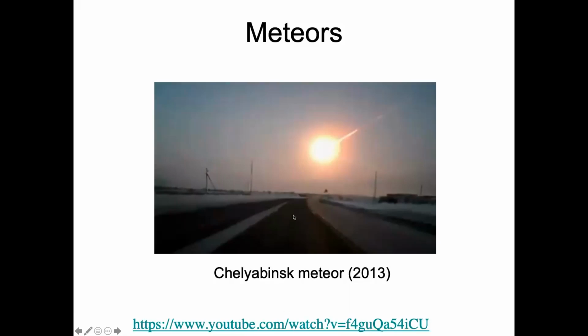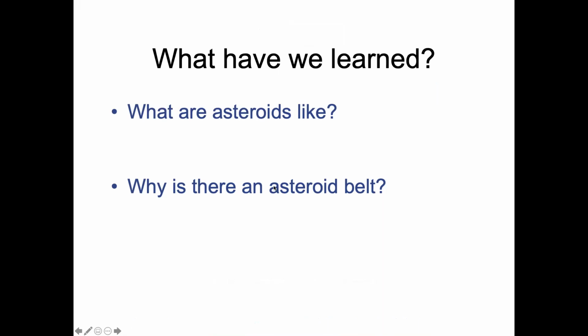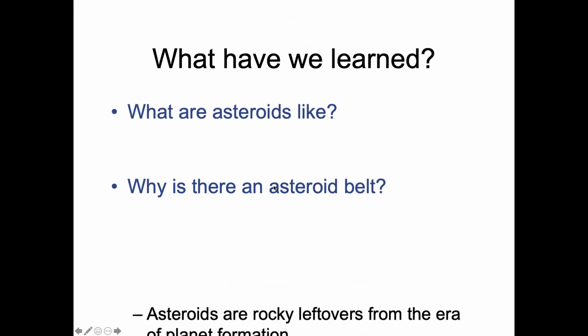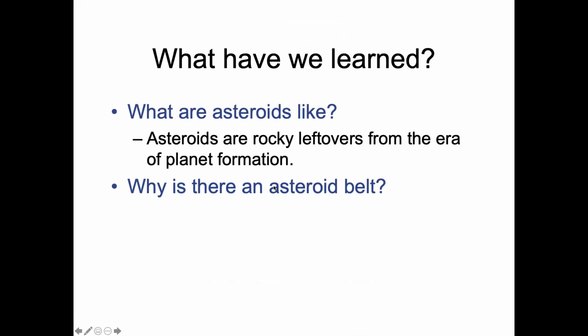All right, so let's take 2 slides to summarize some of the things that we just talked about. So asteroids are these rocky leftovers from the era of planet formation, right? Things that never quite accreted into anything larger. Why is there an asteroid belt?